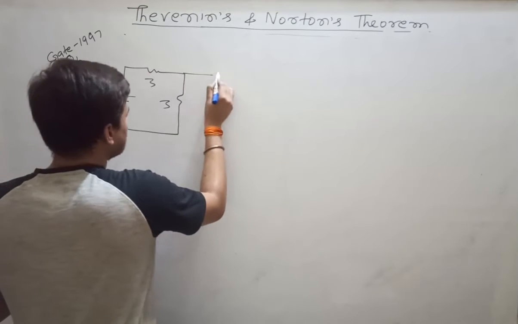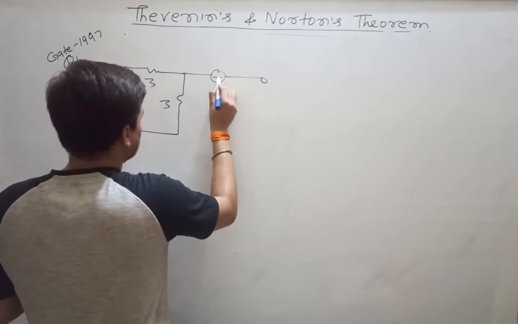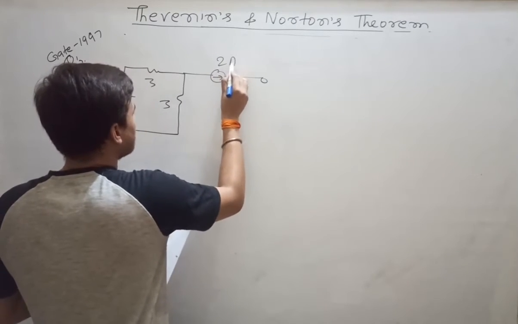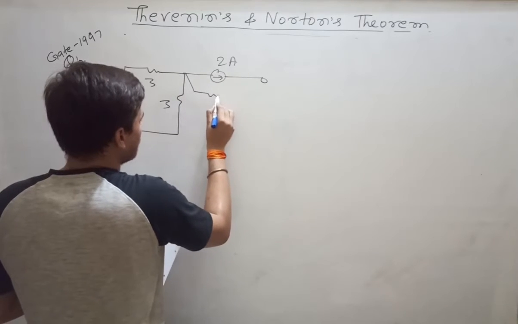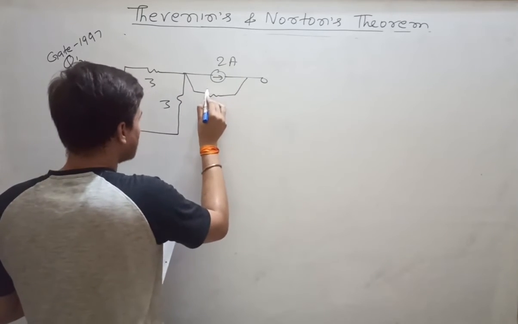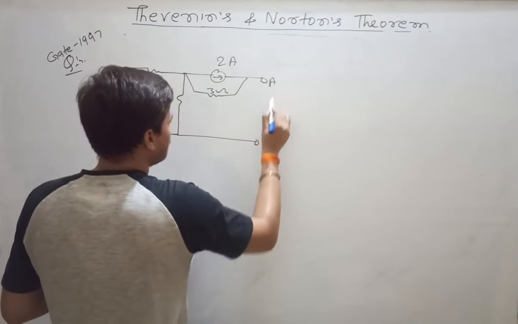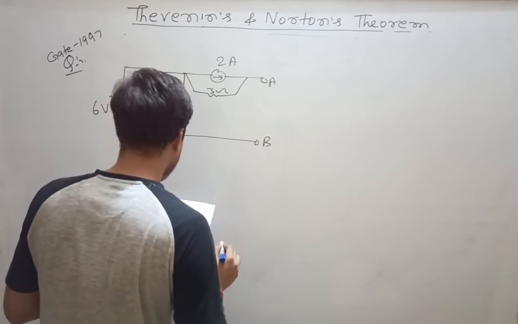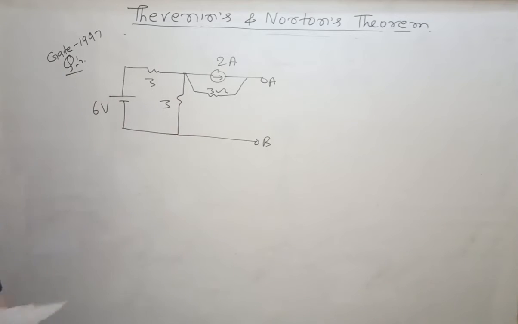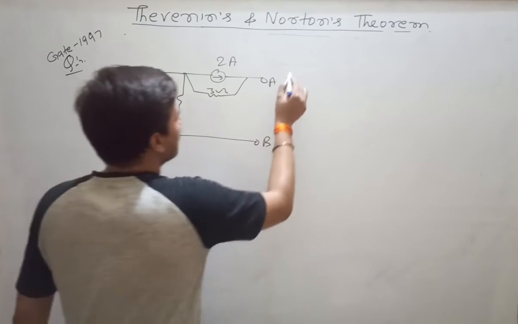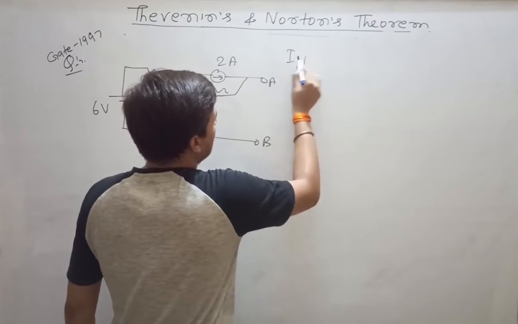Next, you are having a current source of 2 ampere, and a resistance of 3 ohm. The terminals are A and B. You have to find Norton's current and Norton's resistance, that is In and Rn.